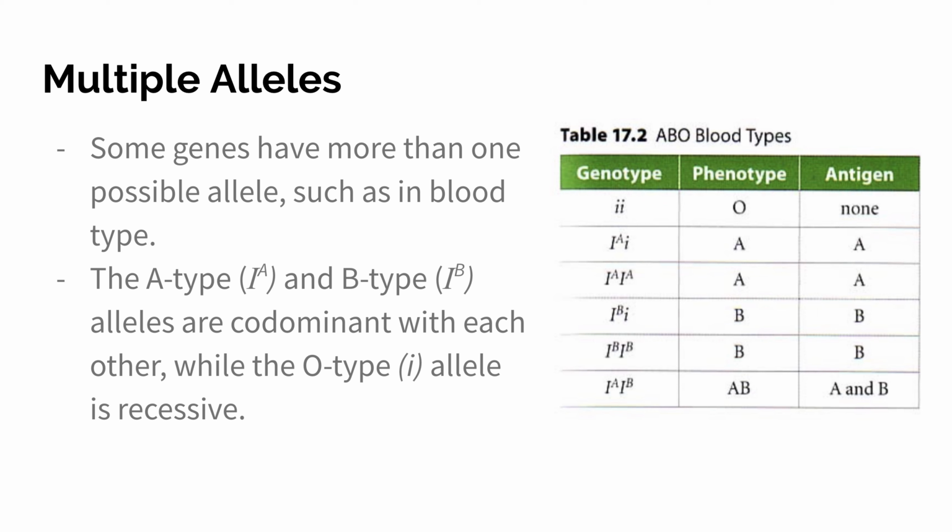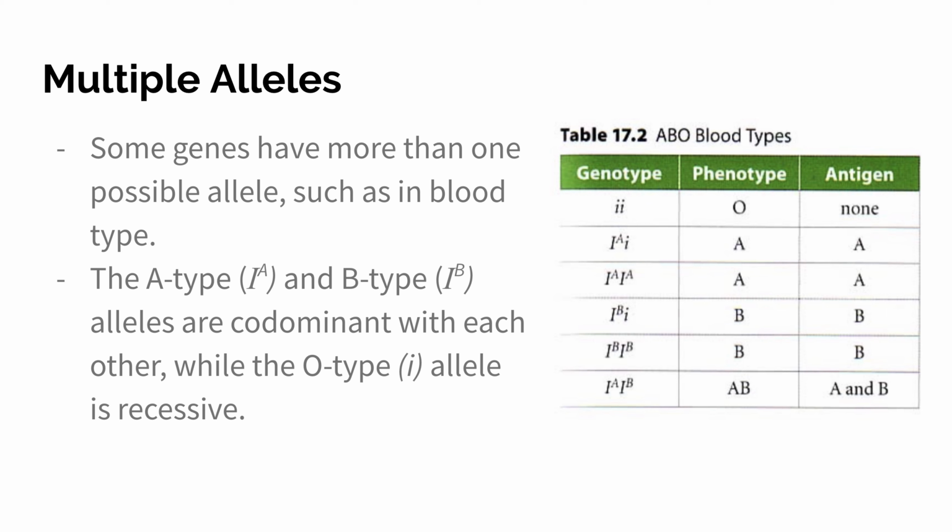If you are AB type, you have to have both the IA and IB allele. If you are O type, you have to have two little i's. You have to be homozygous for that. The AB, you have to be heterozygous for the two codominant traits.